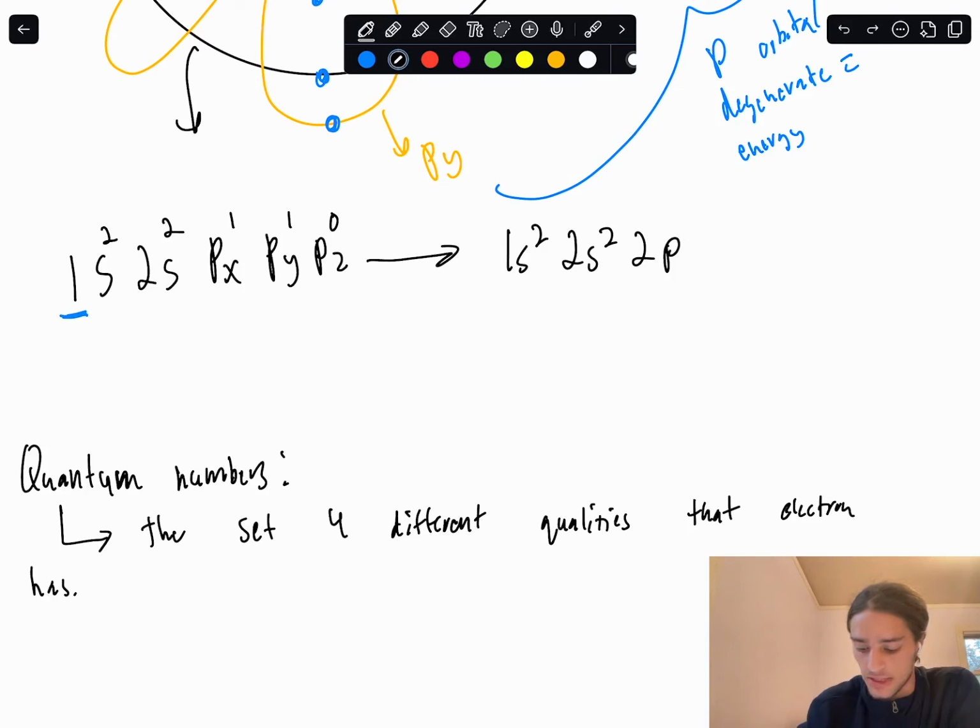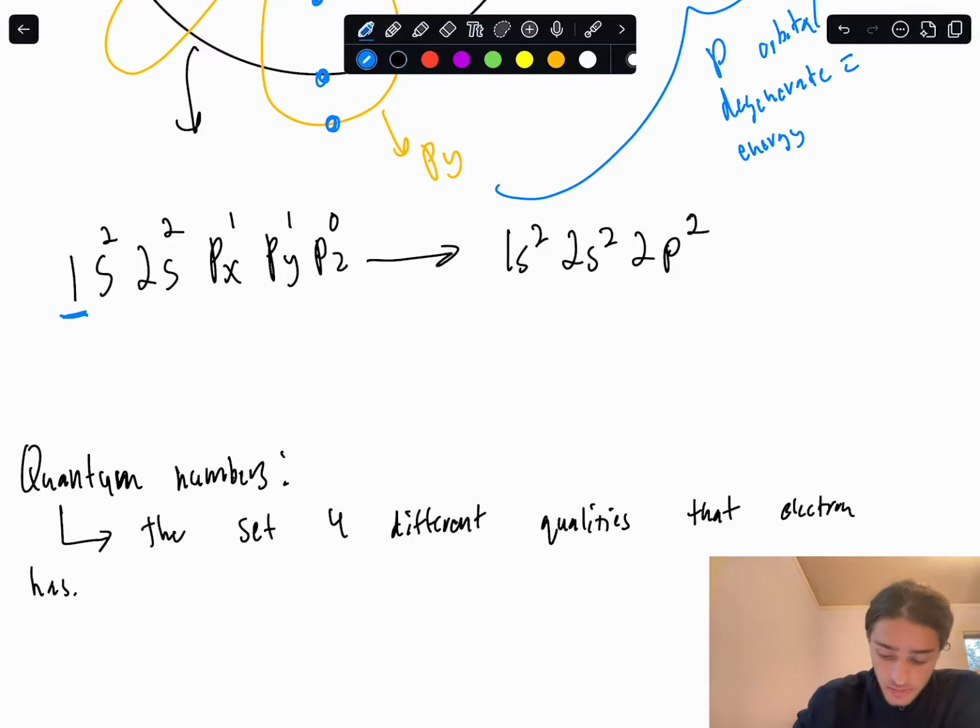What happened here is we took the version we made and condensed the 3 p orbitals into one. That's just because they're degenerate, so they're equal in energy. It's easier to write them as one thing, even though they are 3 different orbitals, and not write out each of the p orbitals.